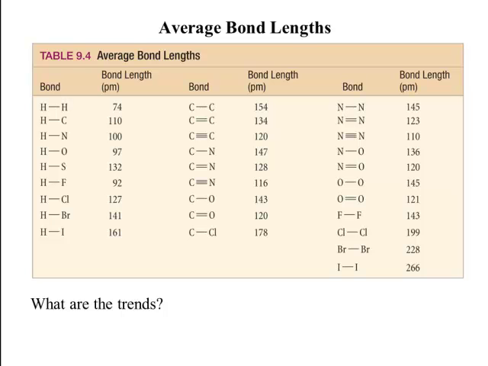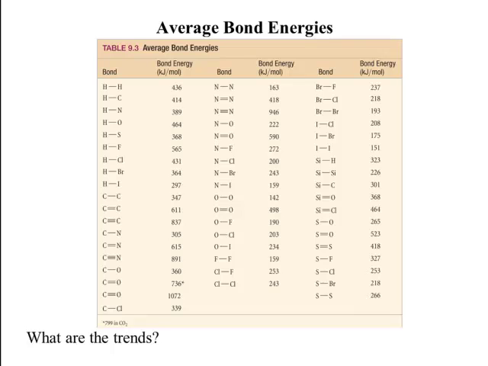In order to get overlap of 3 sets of orbitals, I've got to pull those atoms close enough together to do that, which means my bond length is going to be shorter. Okay, so atomic size is going to affect bond length. What type of bond we have is going to affect bond length. All right, so it's important to understand those bond lengths.